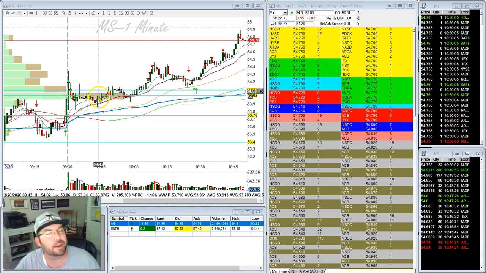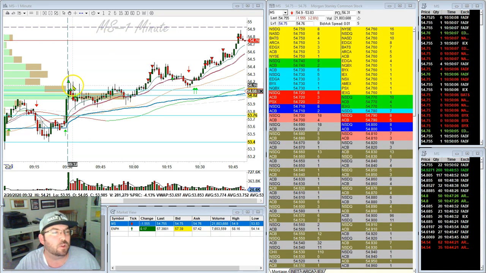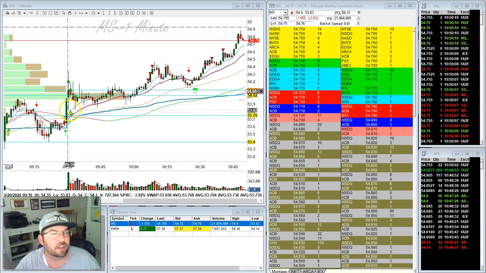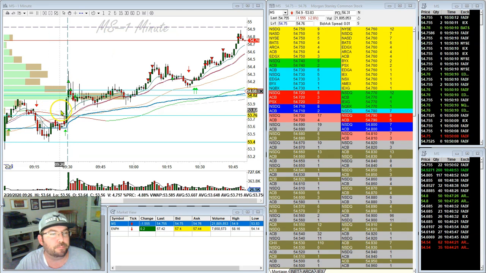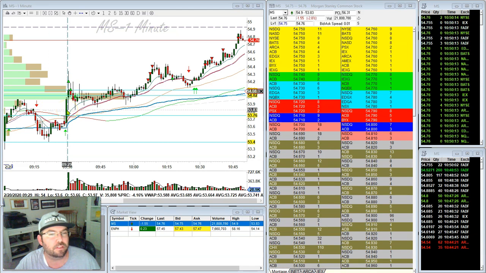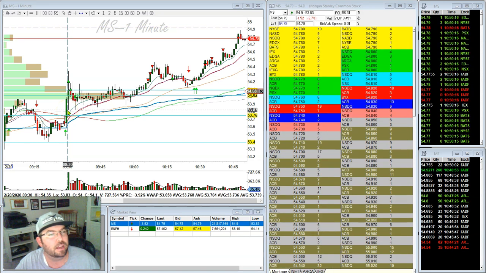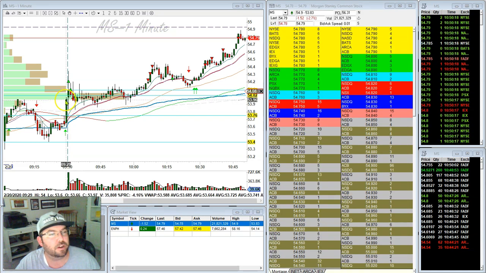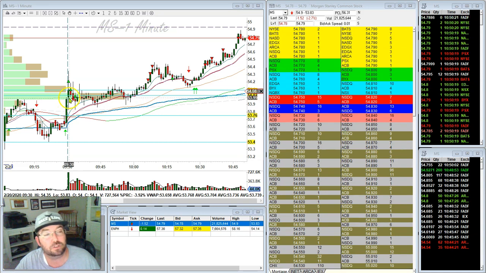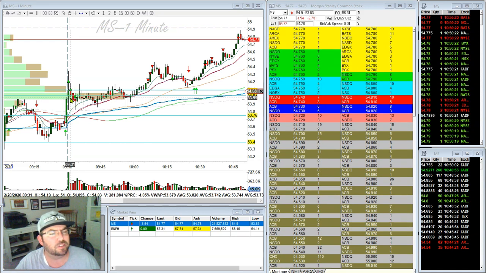to trade within, right? So MS opened up and it pulled all the way back, right back to this area right here, 53.83, and then it started to push up from it. When it made a new high here, I went to take a position, but for some reason my order hung up and I got filled really high.